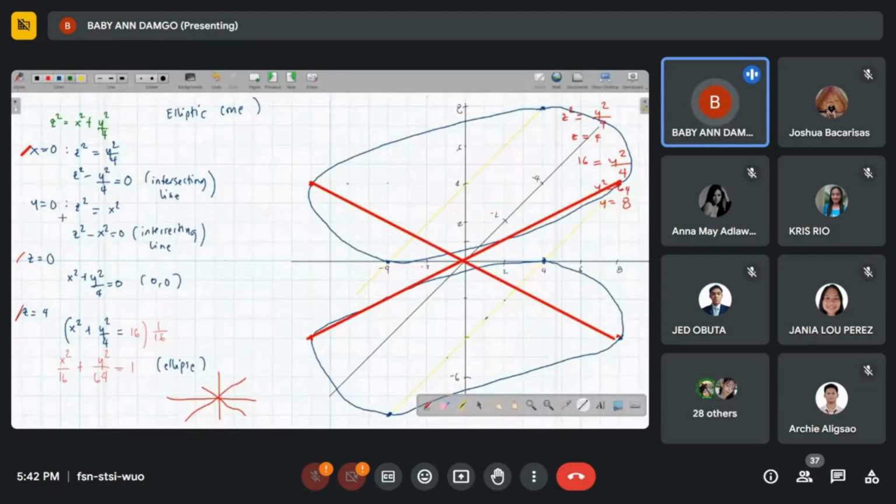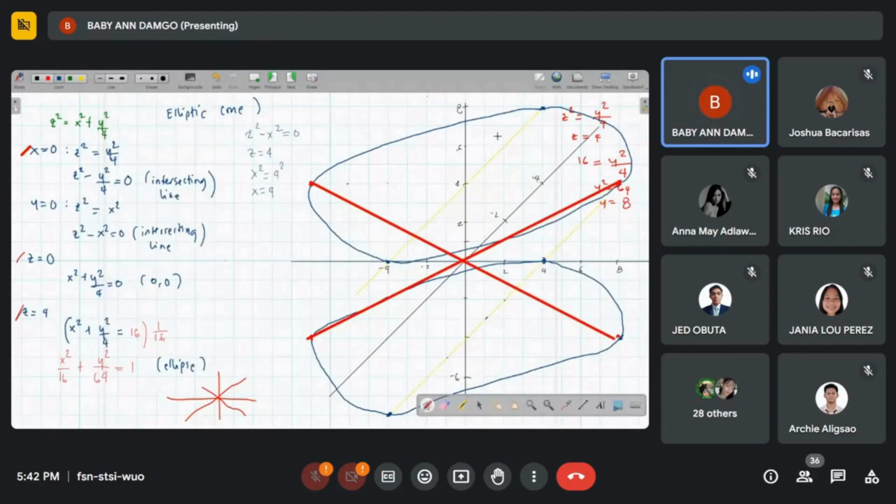Okay, for y equals 0, so we have z squared minus x squared equals 0. So i-letra ni na to og 4. So this is i-transpose, we have negative z squared. So x squared is 4 squared. Okay? So, mo-intersect na siya sa x is equal to 4. So, the same with z equals negative 4. So, asa maning x is negative 4.